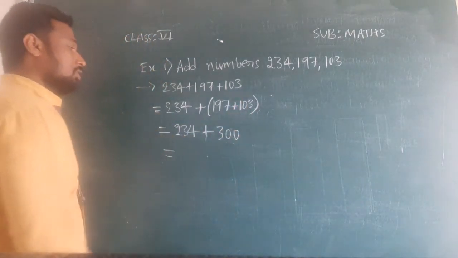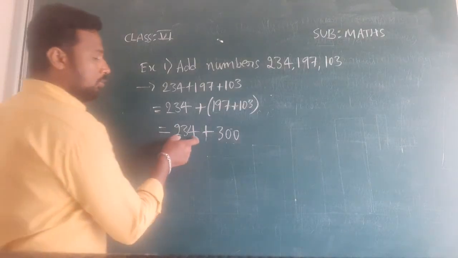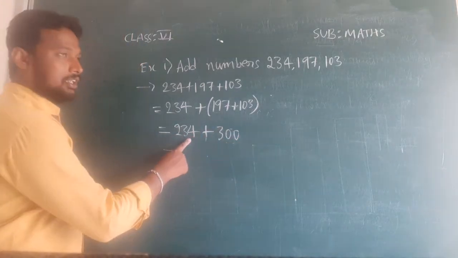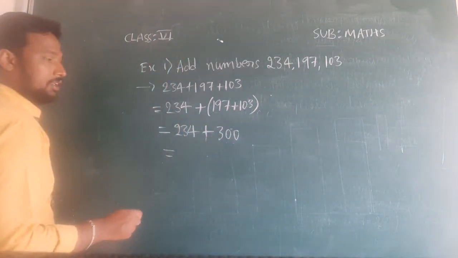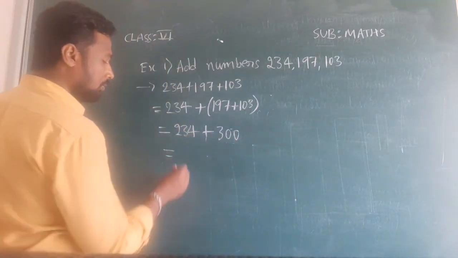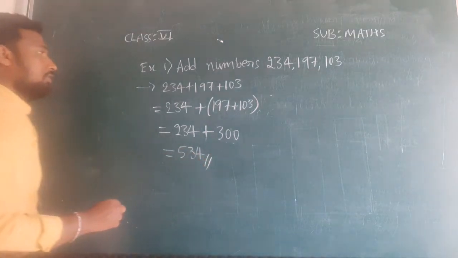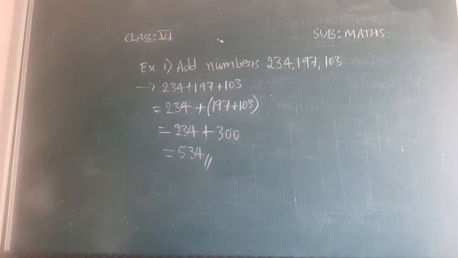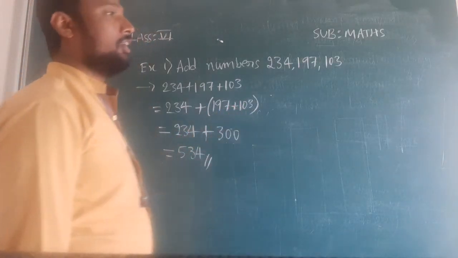So now 234 plus 300 means you can see here first we will add 200 with 300. Still 34 is remaining. So 200 plus 300 means 500. 500 plus 34 means 534. When we added these numbers, we got 534. Here we just applied associative property.